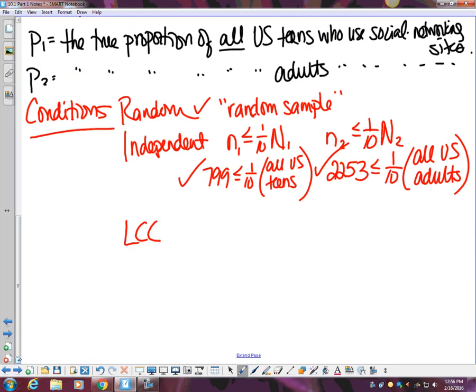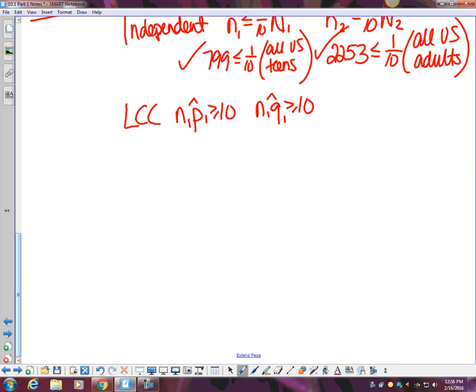So just make sure it makes sense. So N sub 1, P hat sub 1 has to be greater than or equal to 10. And N sub 1, Q hat sub 1 has to be greater than or equal to 10. And then N sub 2, P hat sub 2, and N sub 2, Q hat sub 2.